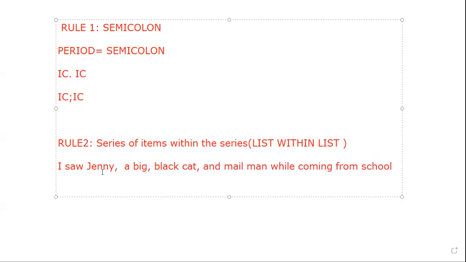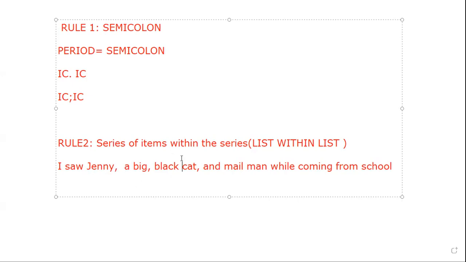Now, if you can see, there are not just three items. It's Jenny, a big black cat, and a mailman. So now we have four items, right? One is Jenny, another one is the big black cat, then the mailman. So the two adjectives describing the cat need to have a comma.